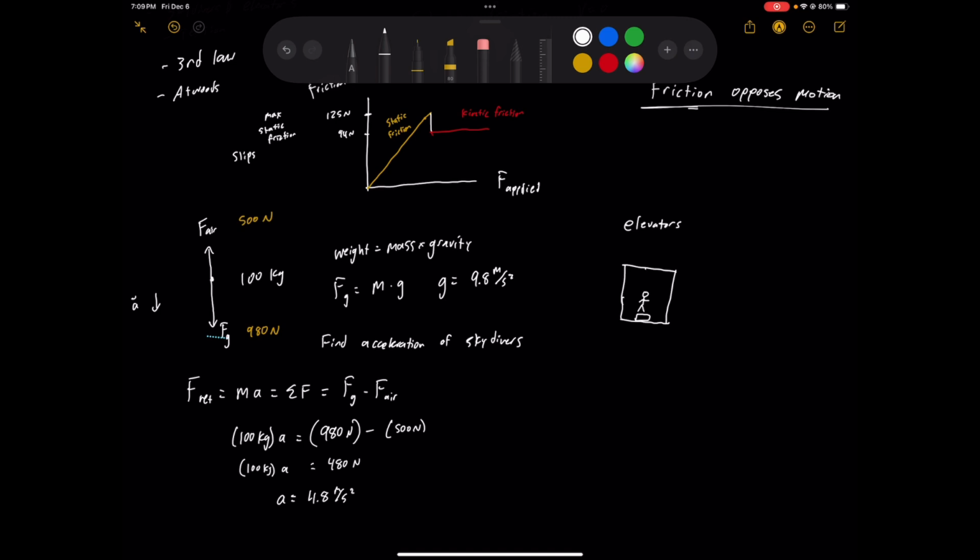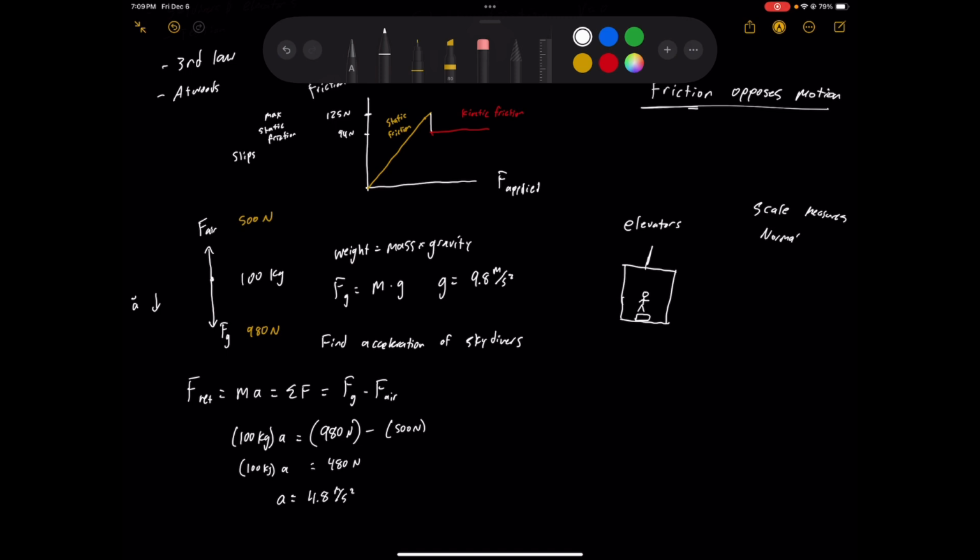When you stand on a scale, obviously it tells you what your weight is, but the reason it does that is that a scale, like a bathroom scale, reads normal force. So a scale actually tells you the normal force. I'll say scale measures normal force.